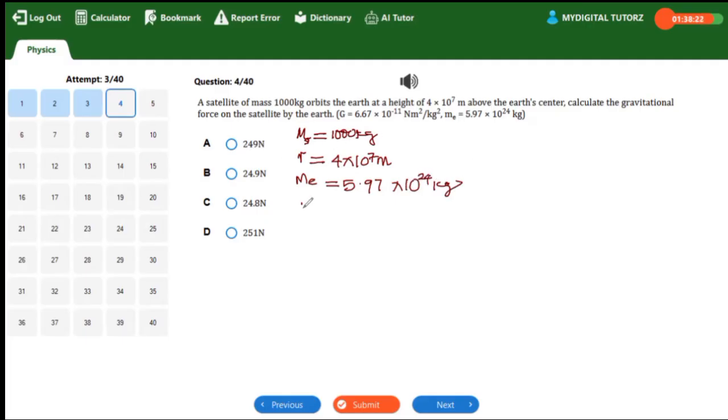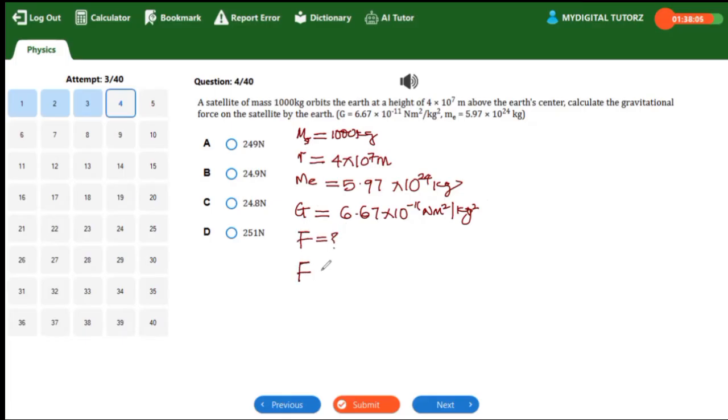So given that the gravitational constant is 6.67 times 10 raised to power minus 11 Newton meter squared per kilogram squared. Exactly.